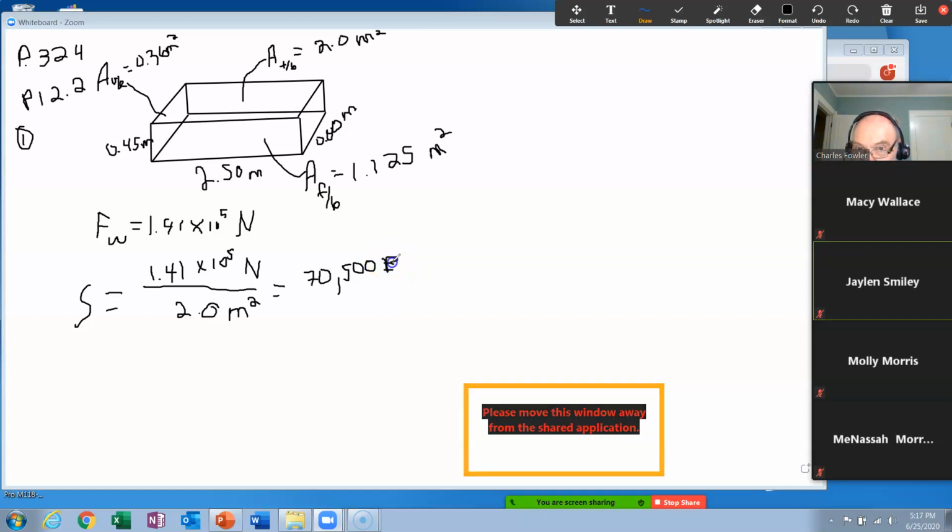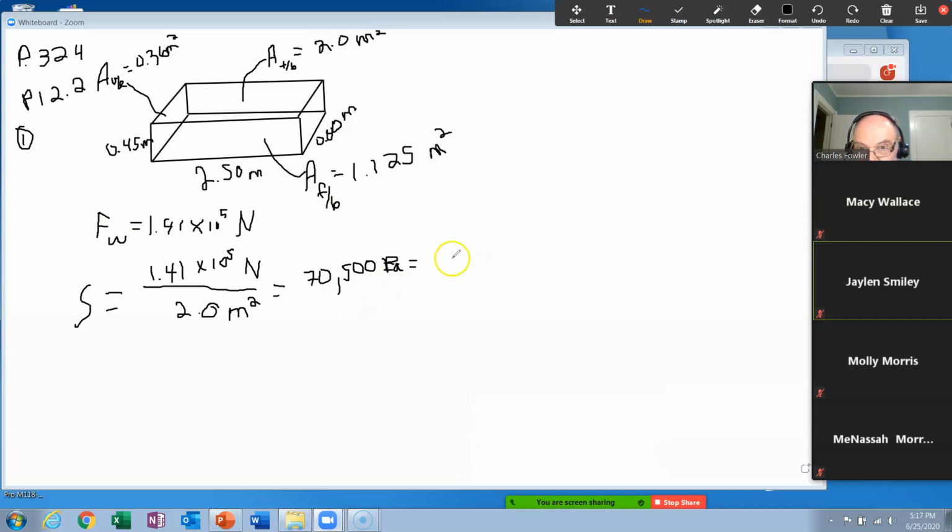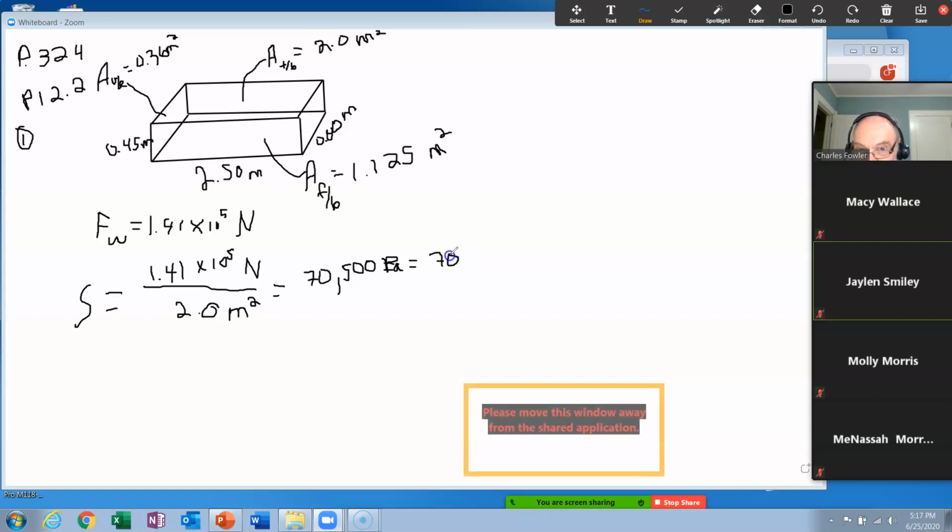Shame on me. Pascals, Pa. Okay. And that would be, to get it to kilopascals, move the decimal 3 places, and you got 70. It's either 71 or 70.5. Now, I don't know how picky they're going to be on the significant digits. Technically, I don't see that's more than 2 significant digits.